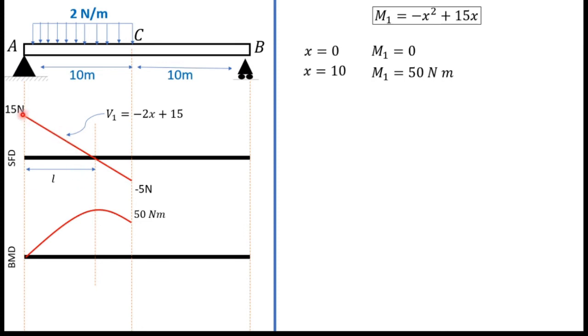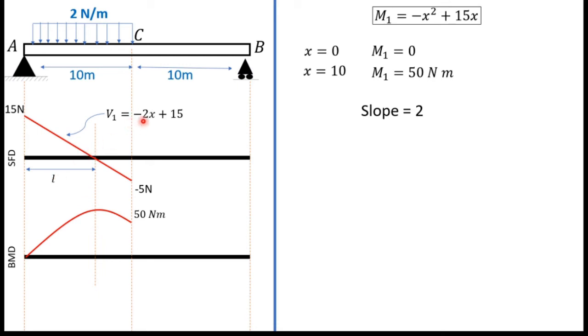So using this triangle, this line is V1 equals minus 2x plus 15. So I can get the slope of this line using this equation. It says the slope is minus 2. Let's say 2. We will consider numerical values because we are going to find the length, so no point of considering minus values.